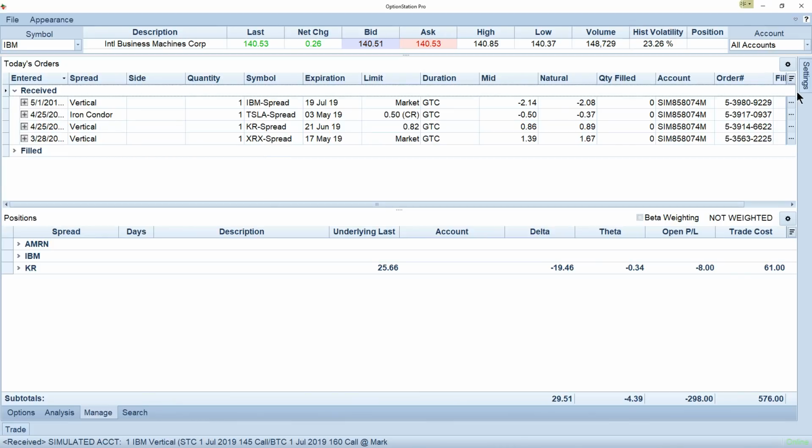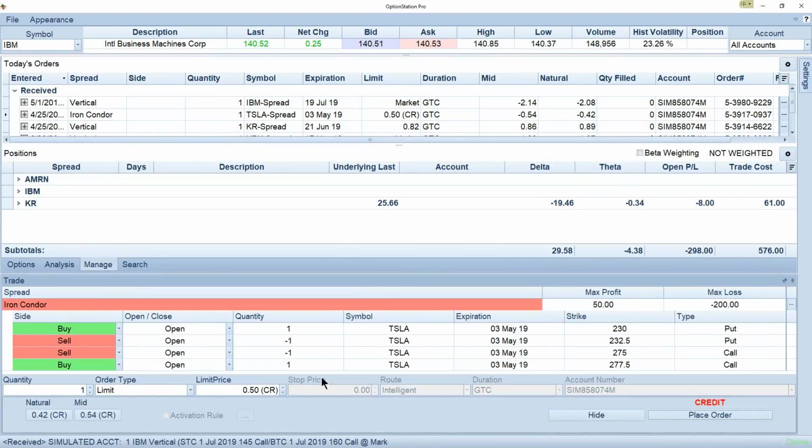Let me do a little bit of cleaning, because all those trades have not been executed, because they were placed, as you can see below, with a limit order. And remember, with a simulated account, TradeStation does not execute options trades. It needs to be market.